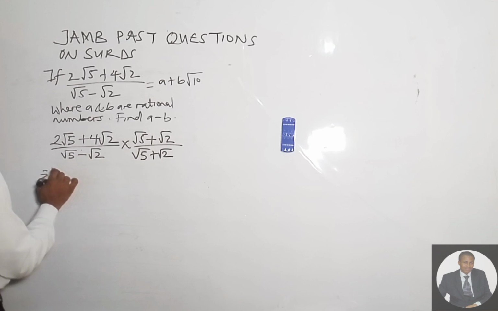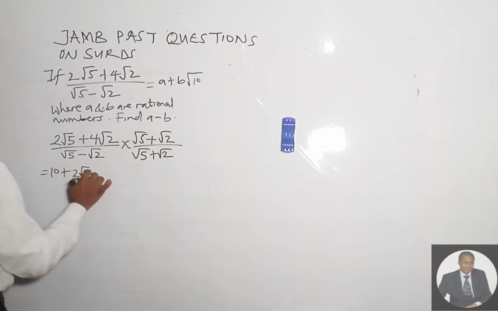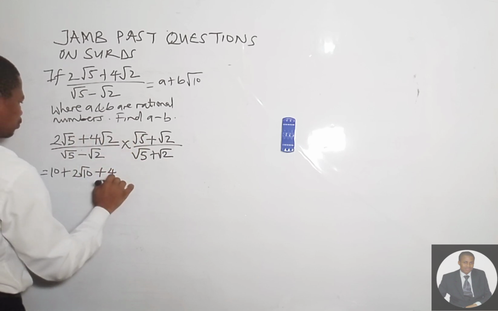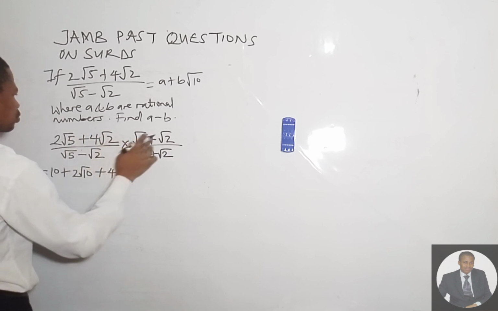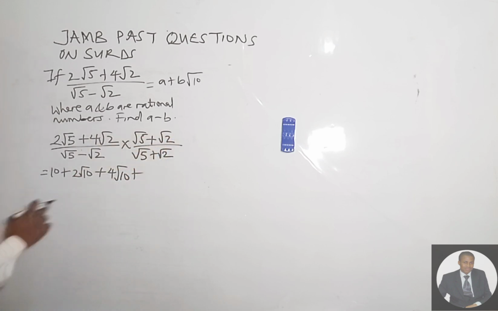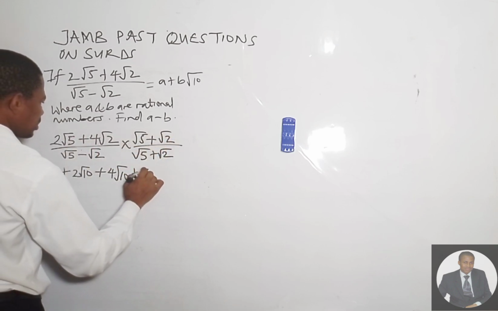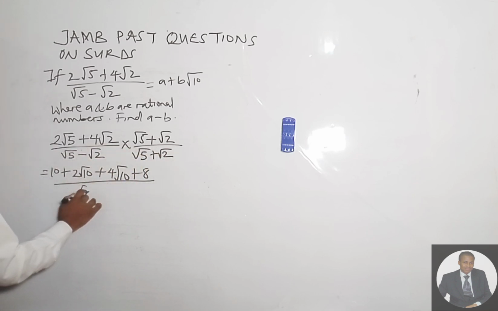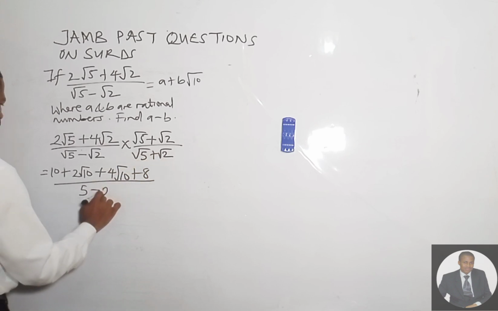2 root 5 times root 2, that's 2 root 10, plus 4 root 2 times root 5, that's 4 root 10. 4 root 2 times root 2 is 4 times 2, that's 8, over, these are conjugates, so what we have is root 5 times root 5, that's 5, minus root 2 times root 2, that's 2.